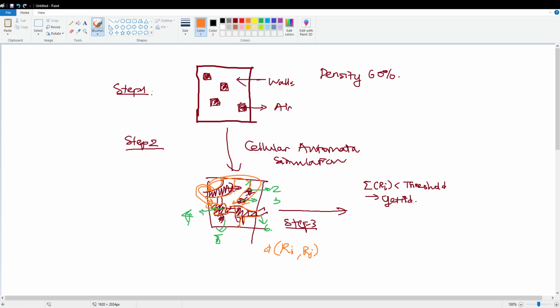And we're going to find the minimal sum of distance. So which room has its distance from each and every corner piece of this one which is the minimal? That's what we want.